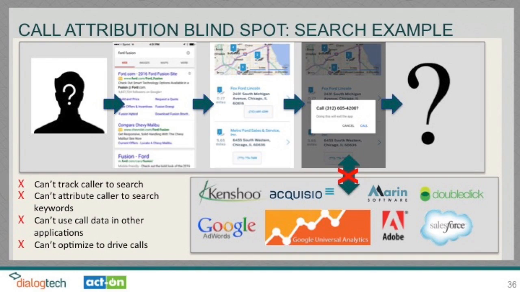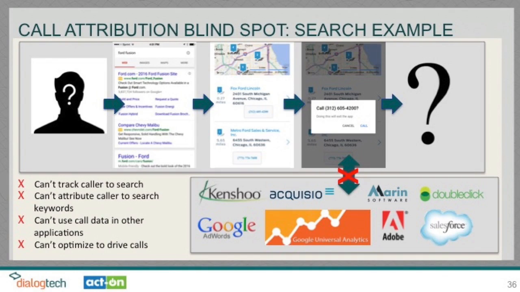Now, as a marketer, if this is your paid search or your SEO program, do you have any understanding at all right now of what generated that call? You don't. You may know that the call came in, but you can't tie the actual caller to the channel that generated the call, to search.